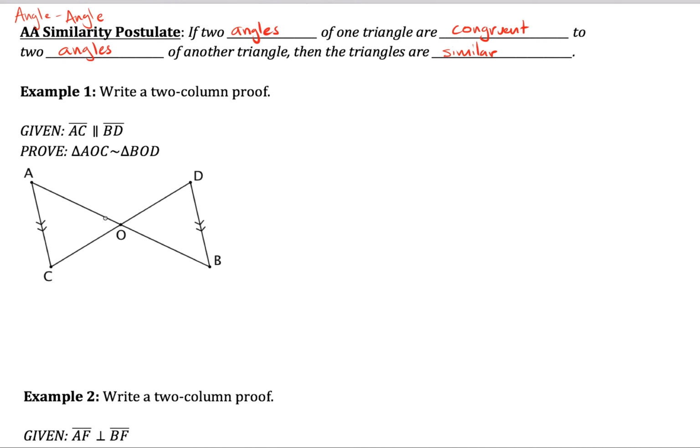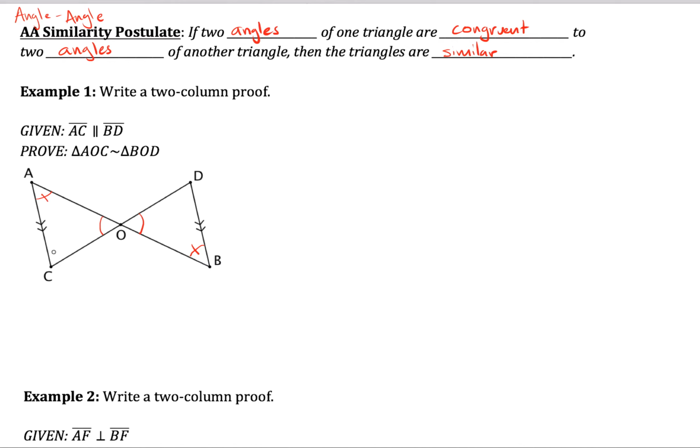Now we also notice that we have a couple segments crossing here in the middle, and so what that's going to create is a pair of angles here and here that would be congruent because they're vertical angles. That, combined with the fact that angle A right here would be congruent to angle B down here because they're alternate interior angles, that would give us our two pairs of angles that are congruent.